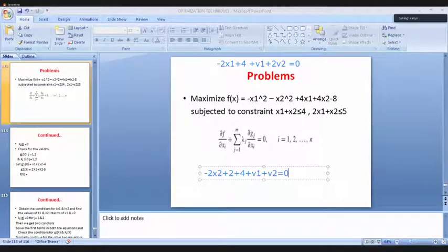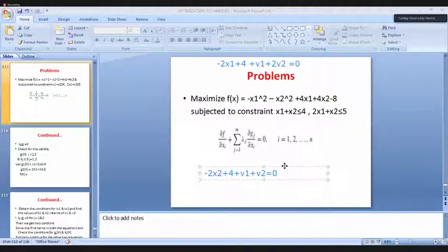Remove that plus 2, plus 2 won't be there. Only plus 4, right? Yes, sir. This is equation 2. Mark this as equation 2.